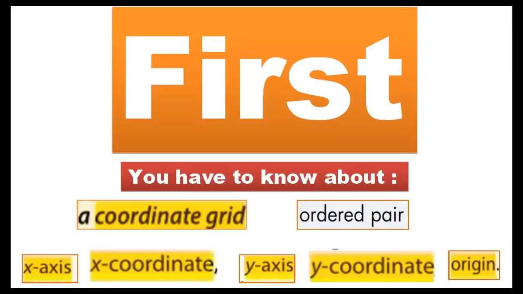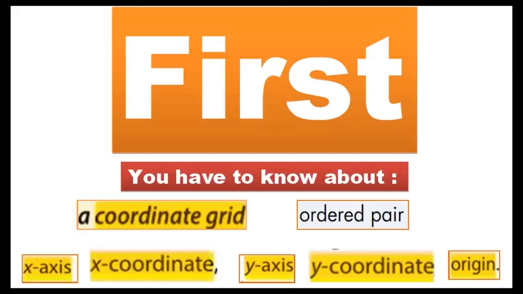By opening page 778, you will find the highlighted words that I'm talking about. For example, here, a coordinate grid is used to graph and name the location of points in a plane.